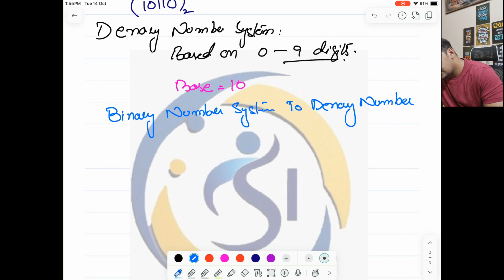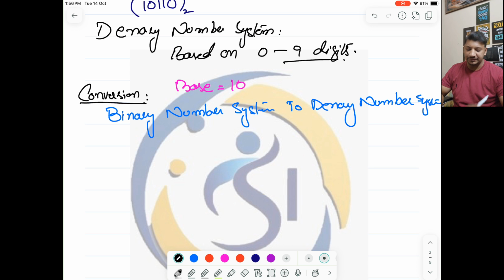Basically, what we are supposed to do here is the conversion. So from now on we are starting the conversion from one number system to another number system.